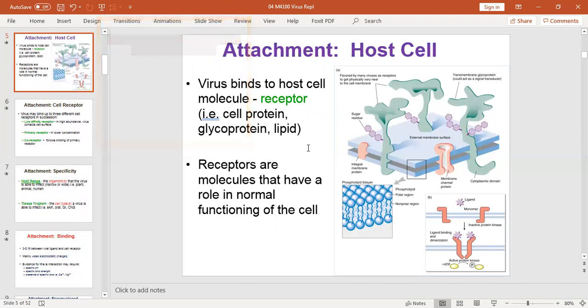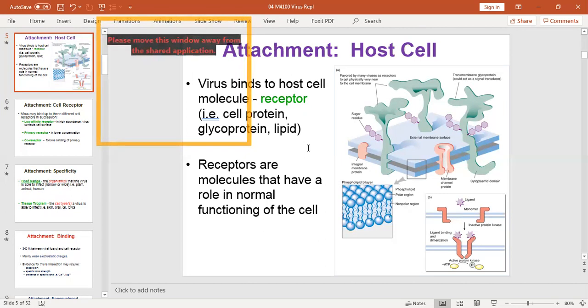Receptors usually have a role in normal functioning of the host cell. We'll talk about some examples. You will see that, for example, a receptor called ICAM1 is actually an adhesion molecule. So they have a role in normal cellular functioning, but viruses can also recognize and bind to them.